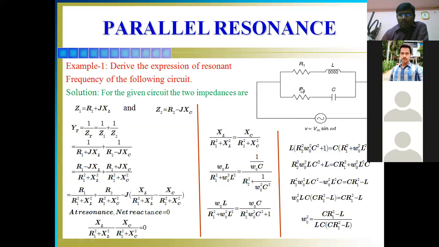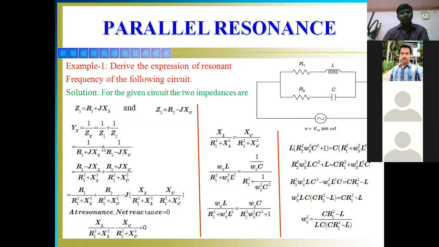The other arm is Z2, equal to R2 minus jXC. So your total admittance YT is equal to 1 by ZT, which is equal to 1 by Z1 plus 1 by Z2.